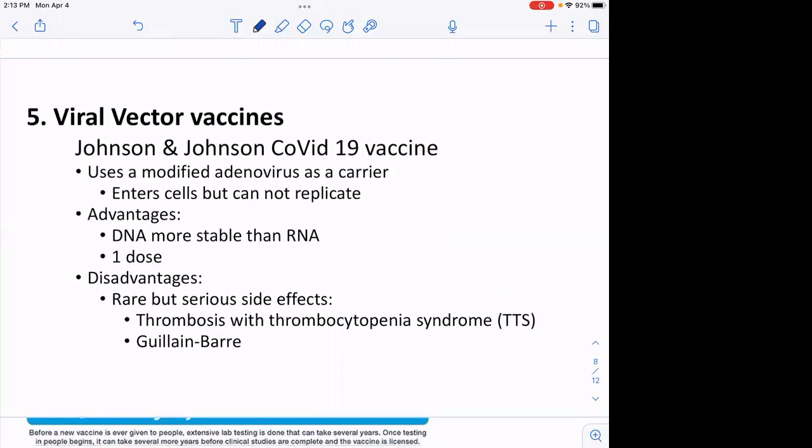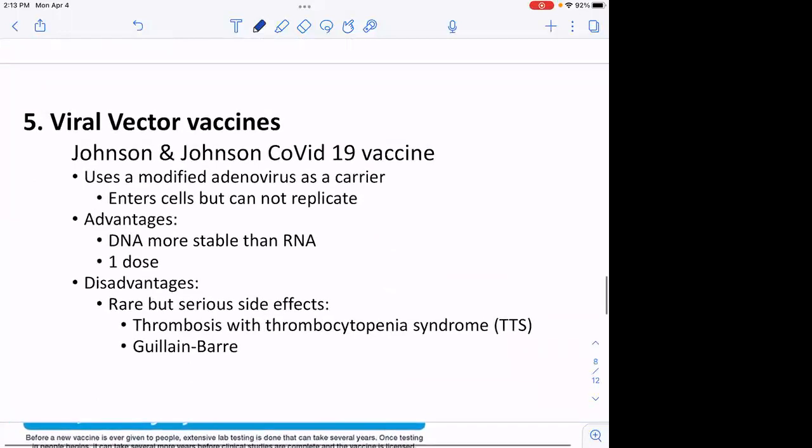The other vaccine that maybe some of you got for COVID was the Johnson & Johnson vaccine. Of course, this is a slightly different vaccine. It's called a viral vector vaccine. It uses a little piece of DNA that encodes for the spike protein.